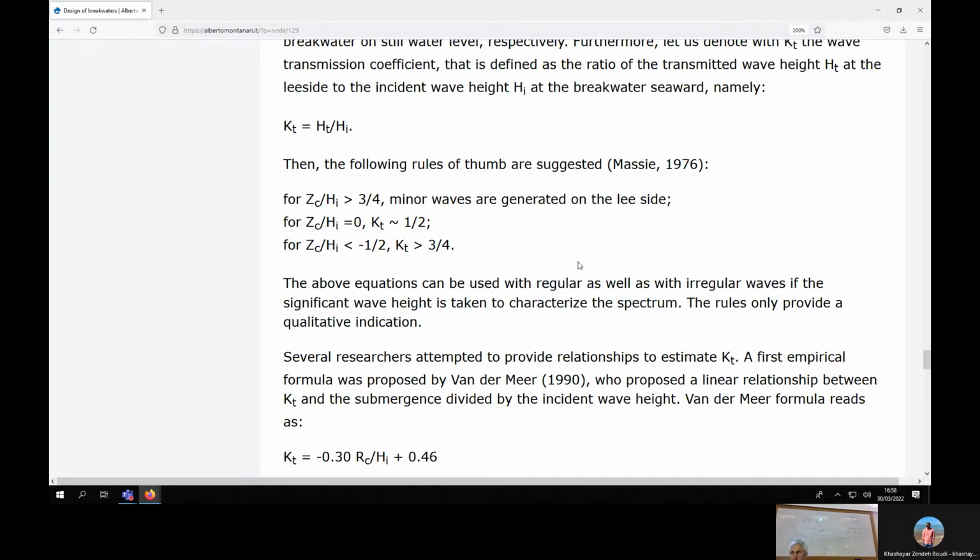And if you have ZC divided by wave height that is less than minus 1/2, so a submerged breakwater, then KT is greater than 0.75. These are very simple rules of thumb, you don't have to remember them, but they allow you to get an idea of what is the wave height that you may expect in the lee side.